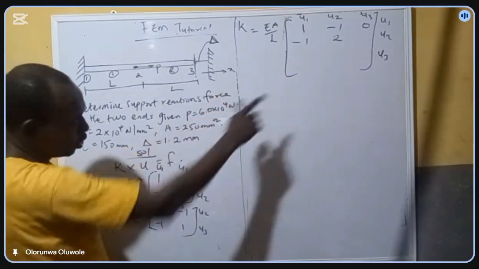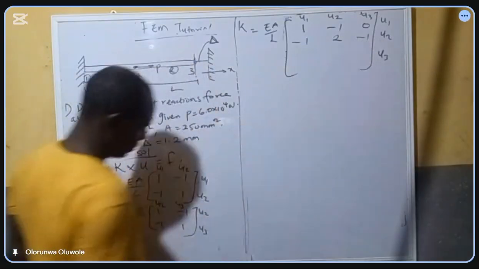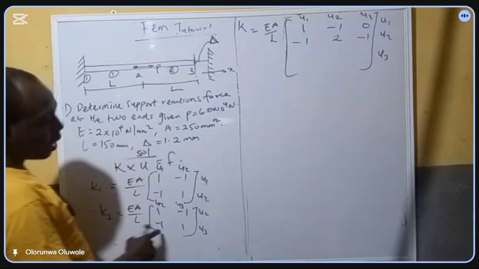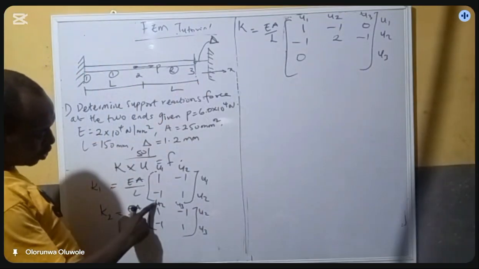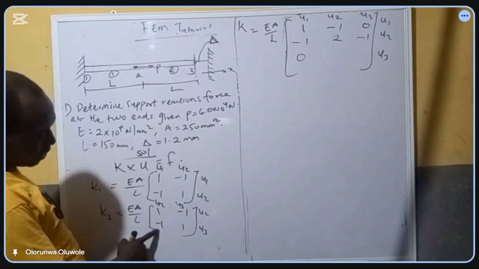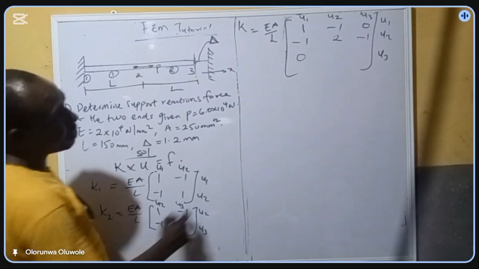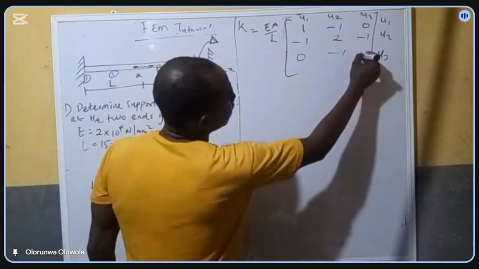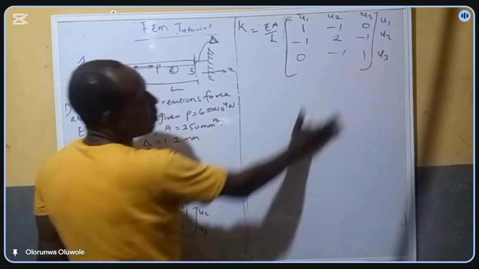Then my U3, U2, that is -1. Then my U1, U3, I don't have, so it's 0. U2, U3 is -1. Then U3, U3 is 1. So I've gotten my global matrix.